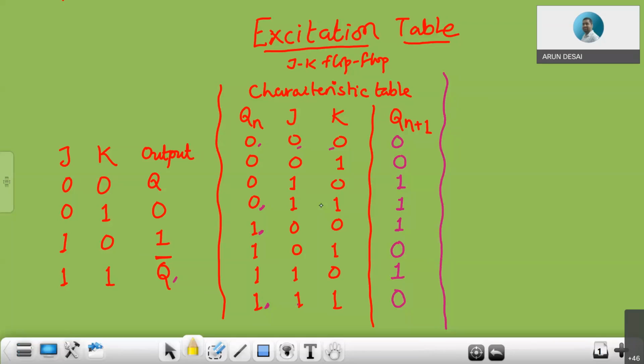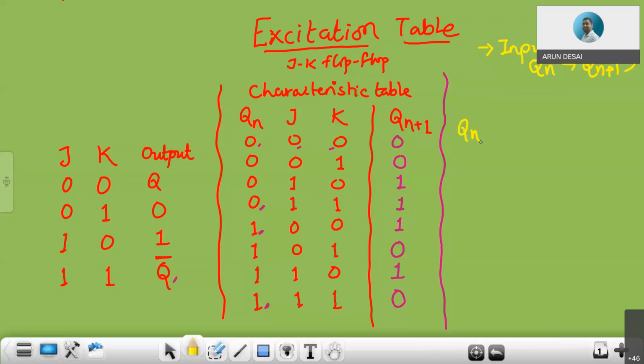So we are working on what inputs we require to get a given output. We have the previous output and we have the next output with us, and based on those outputs we find the inputs for them, and that process or that table is referred to as the excitation table.